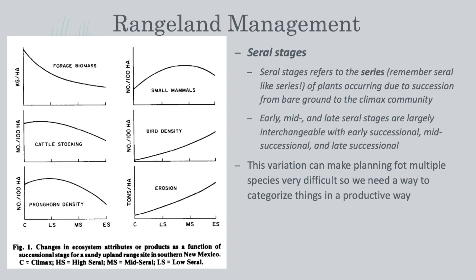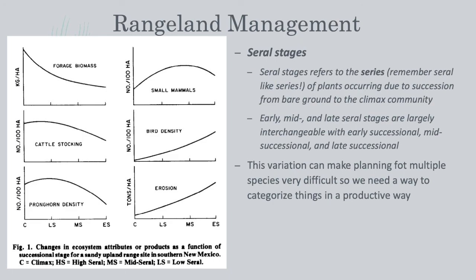The appropriateness for different organisms changes, right? So if you look at this figure, you can see along the bottom axis, the x-axis, that we have C, which stands for climax community, LS for late cereal, MS for mid cereal, and ES for early cereal.